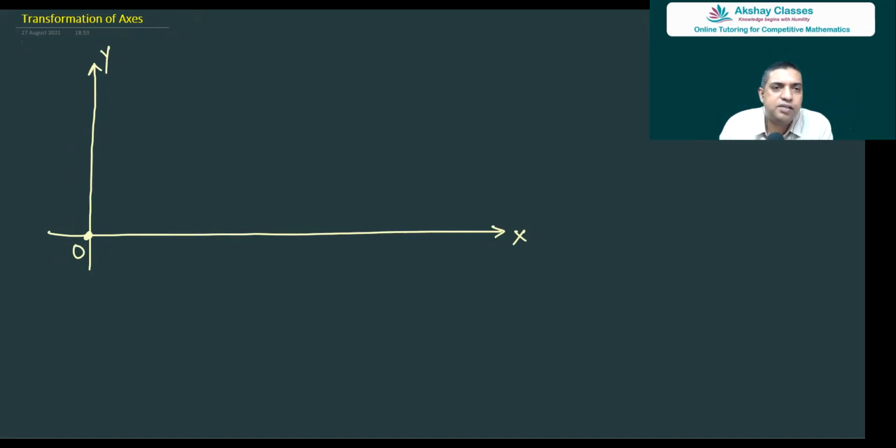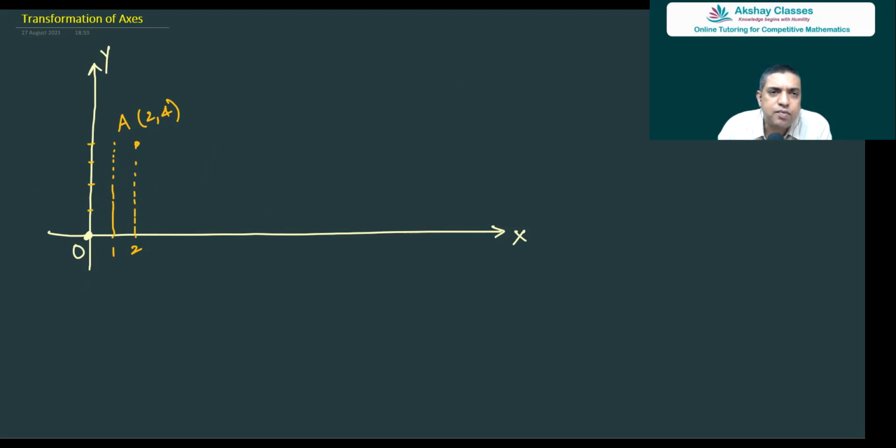Now there is a point A in the plane. See, the origin is some point that we have fixed randomly, and after that, we drew the x-axis and the y-axis. So let us say this is 1, this is 2, and this is 1, 2, 3, 4. So A is this point (2, 4).